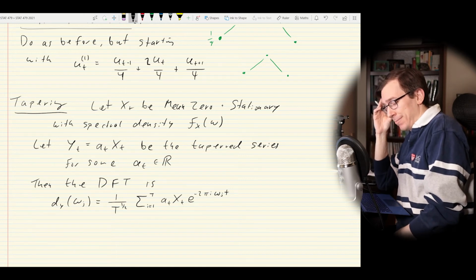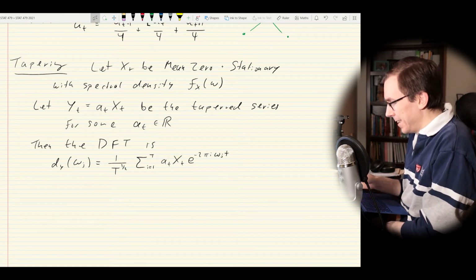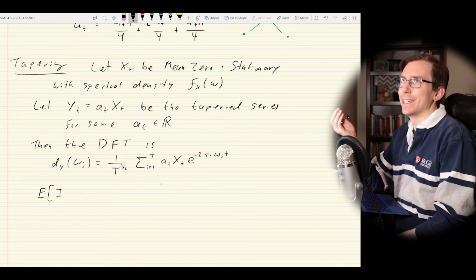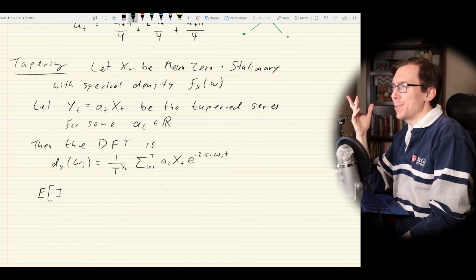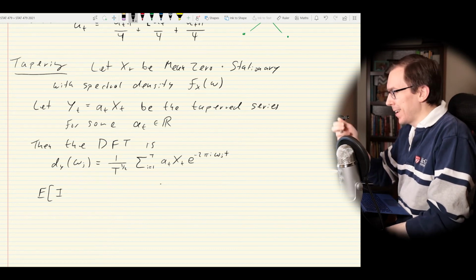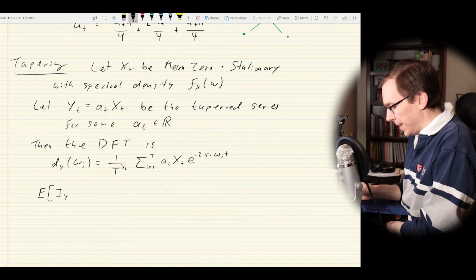All right, so what do we get from there? Well, then we find out the expected value of the periodogram, right? Because ultimately we want to know what happens to our periodogram when we do this transformation. If we look at the expected value of our periodogram, it's no longer just the spectral density.